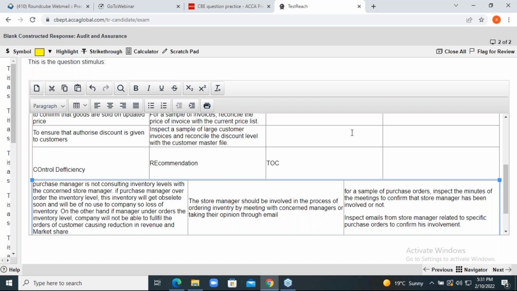So you opt for a recommendation that is easy, but that easy option will not earn you good marks.